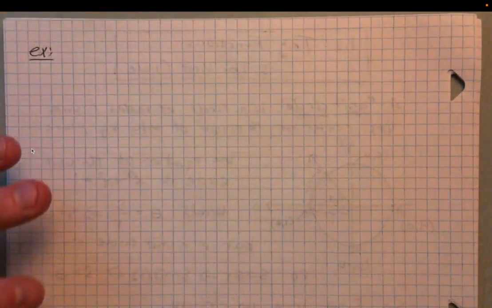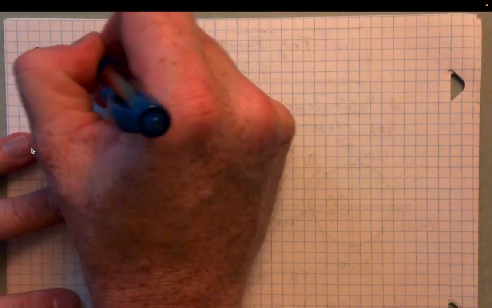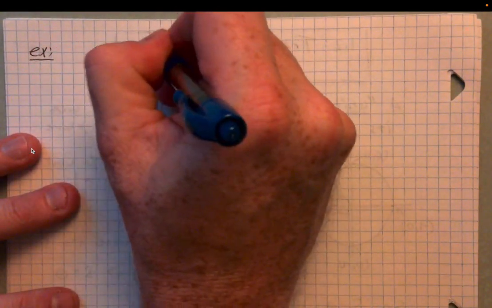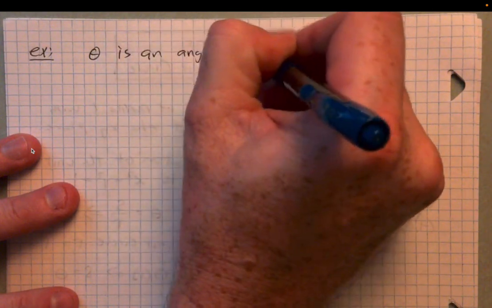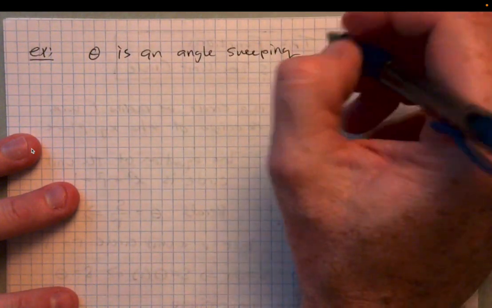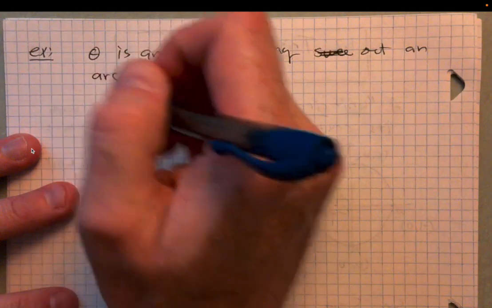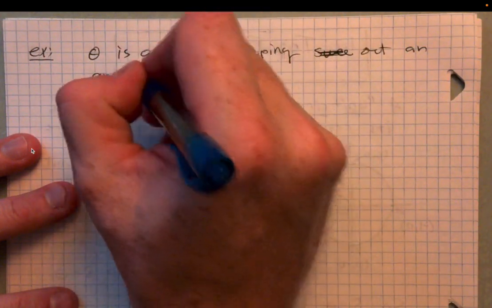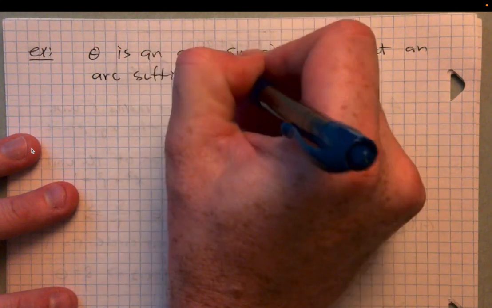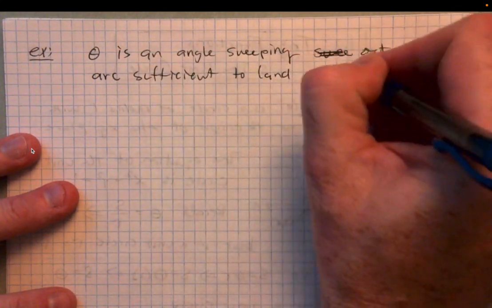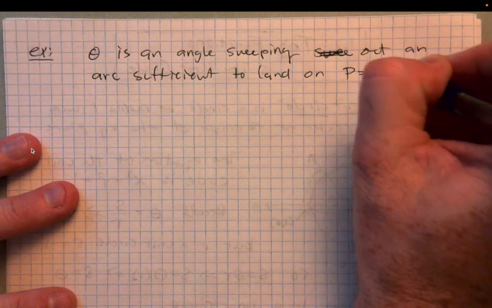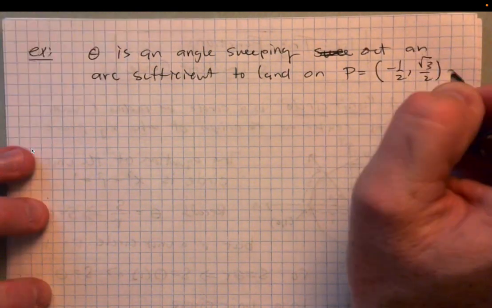Okay, let's go ahead and do an example to make sure that we understand this. So let's use some real numbers. Let's say that theta is an angle sweeping out an arc sufficient to land on P equals -1/2, comma, square root of 3 over 2.